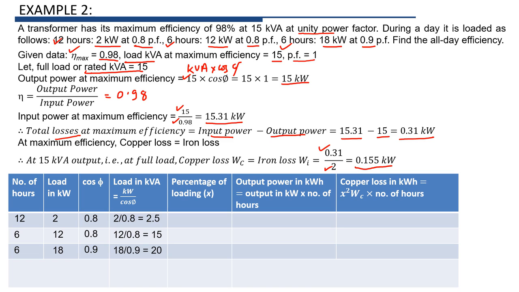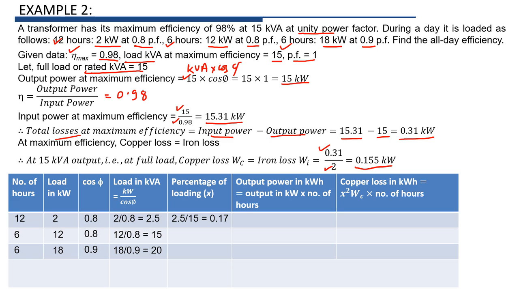So what will be the percentage of loading? In the second case you can see the load is 15 kVA and the rating of the transformer is also 15 kVA. So in this case the percentage of loading X will be equal to 1. Then what is the percentage of loading in other cases? In the first case it will be 2.5 divided by 15, so it is 0.17.